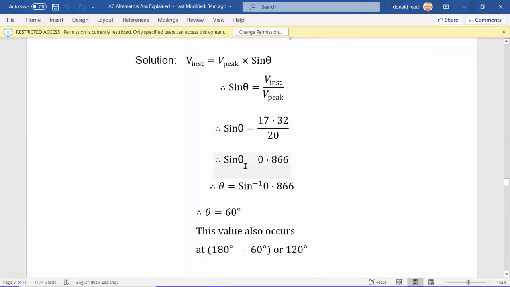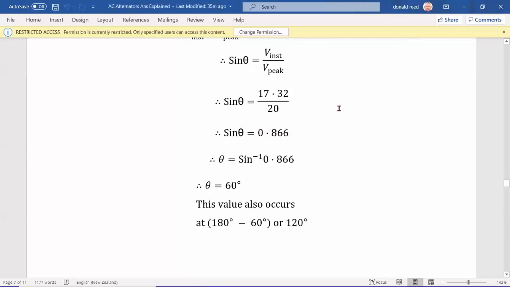So sine theta equals 0.866. That's not my angle. I now have to use the arc sine, sine to the -1. So theta equals sine -1 of 0.866.